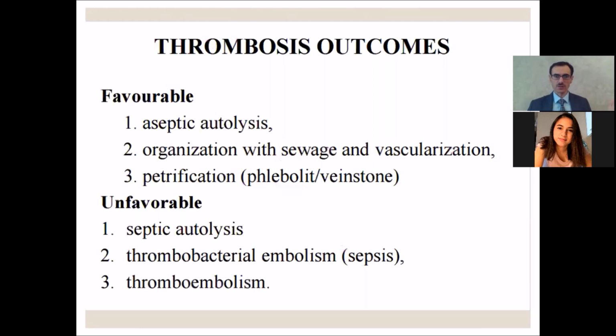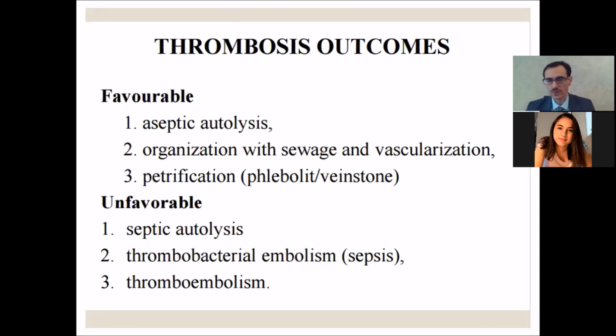And the outcomes of the thrombosis. We can divide them into favorable and unfavorable. The favorable may be aseptic autolysis, organization and vascularization, petrification, the sedimentation of the calcium salt. And unfavorable: septic autolysis, thrombobacterial embolism, sepsis, and thromboembolism.